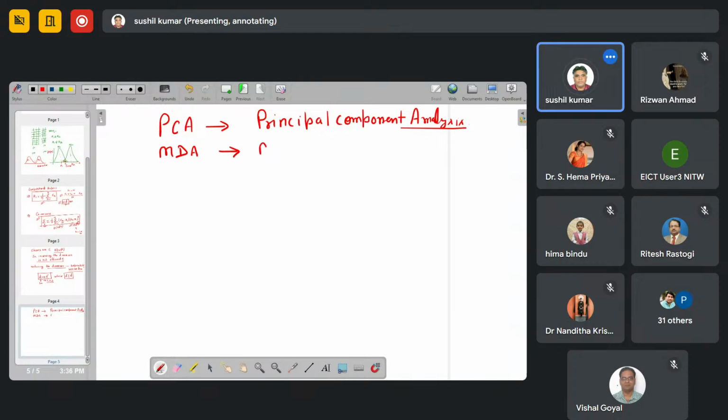That is called multiple discriminant analysis. Two methods are there. In detail we will discuss PCA only. But still I will give the idea of what exactly we are doing in multiple discriminant analysis.